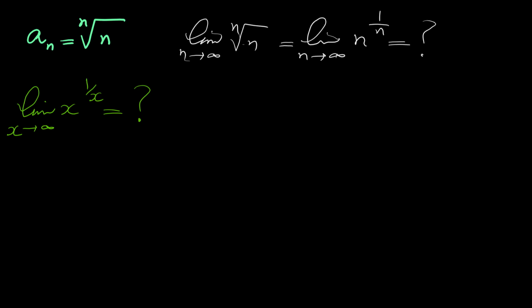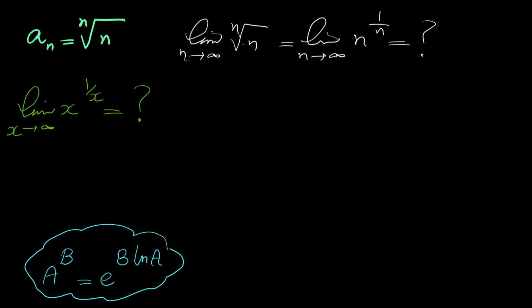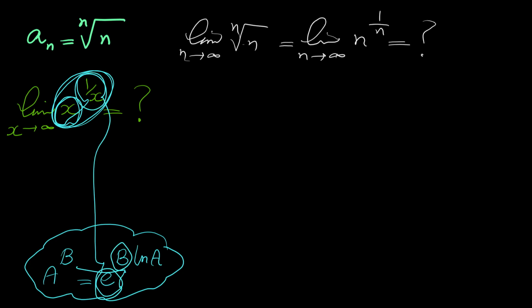Let me remind you of a property that lets you write expressions like this in another form using ln. a to the b can always be written as e to the power of b ln of a. This is a relation: any expression in the form a to the power of b can be written as e to the power of b ln of a.